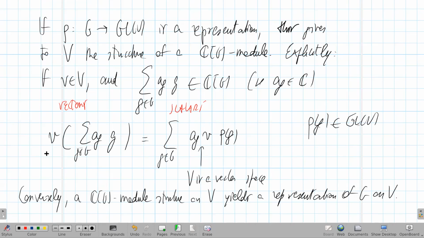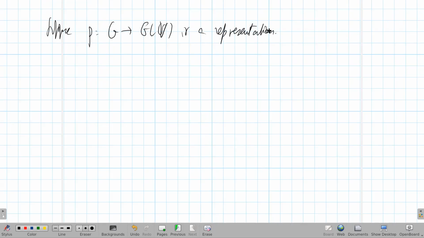And why is this module structure particularly useful? Because, remember that I gave the definition yesterday, and then recalled it at the beginning of our lectures. Suppose rho from G to GL(V) is a representation. This will be my standard language basically from now on.